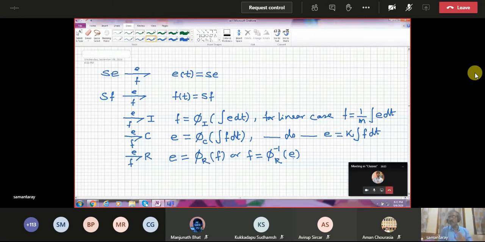Time doesn't come into the picture. At any point of time, effort and flow are simply algebraically related. So that's what the R element is. This might be linear, might be non-linear. This function phi R might be invertible, might not be invertible. We will check some cases.